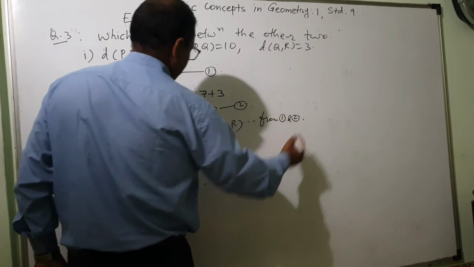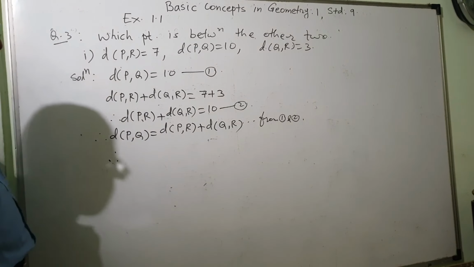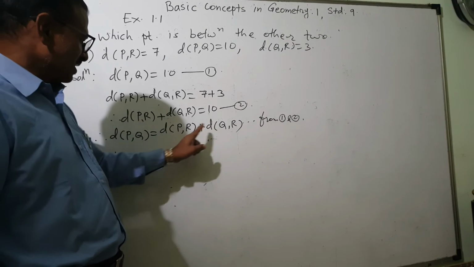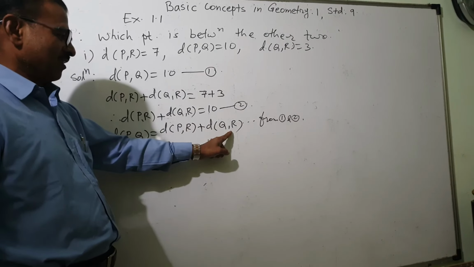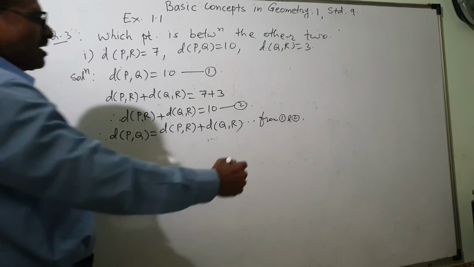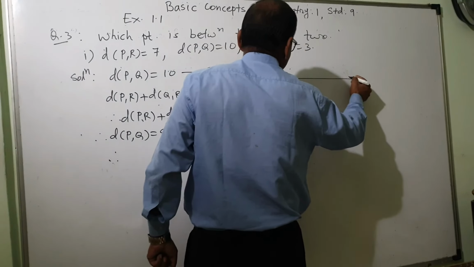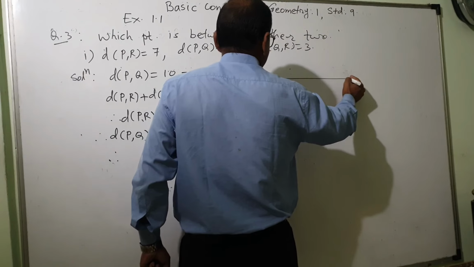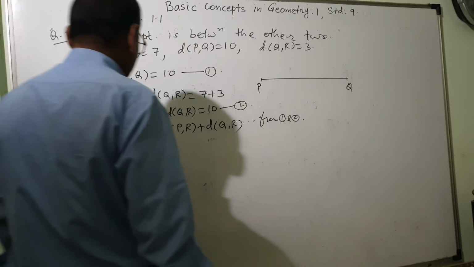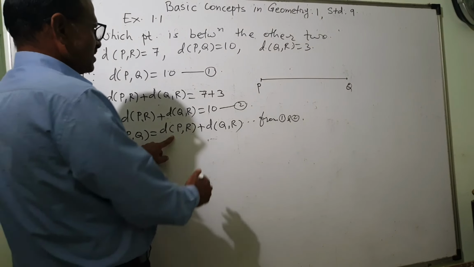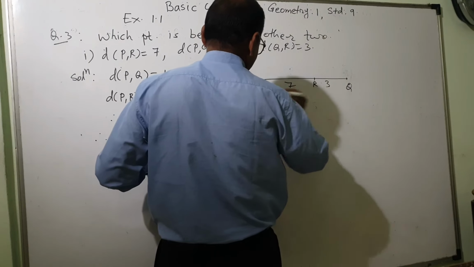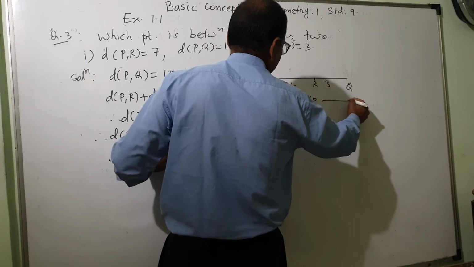Therefore, now which is in between here, PR and QR? This R is coming in between because it is 2 times. So P and Q are at the extreme ends. See the number line like this it will be. This is P, this is Q. PR 7. Here it is PR. This is 7 and this is 3 and this total is 10.